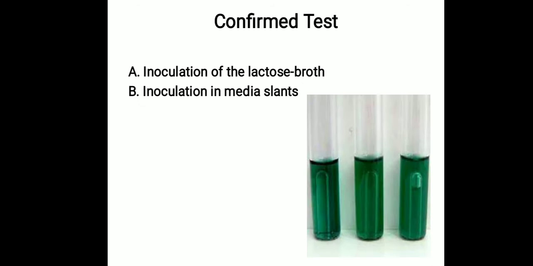Next we have the confirmed test. This confirmed test can be done in 2 parts. This test serves to confirm the presence of coliform bacteria when either a positive or doubtful presumptive test is obtained.